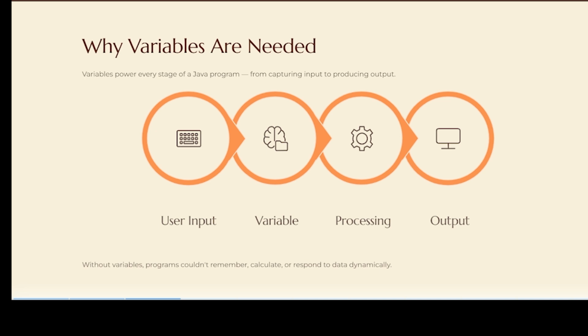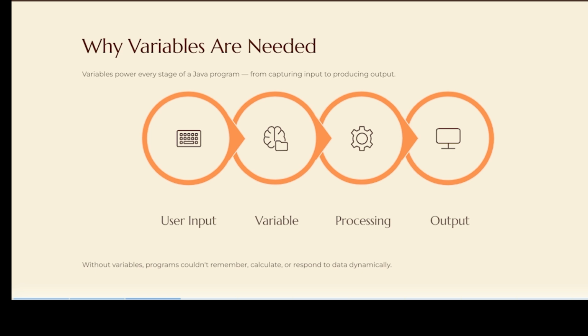So variables help a program store information and values, perform calculations, and generate meaningful output. Without variables, apps like banking systems, social media apps, and gaming applications would not function properly. This is why variables are needed.